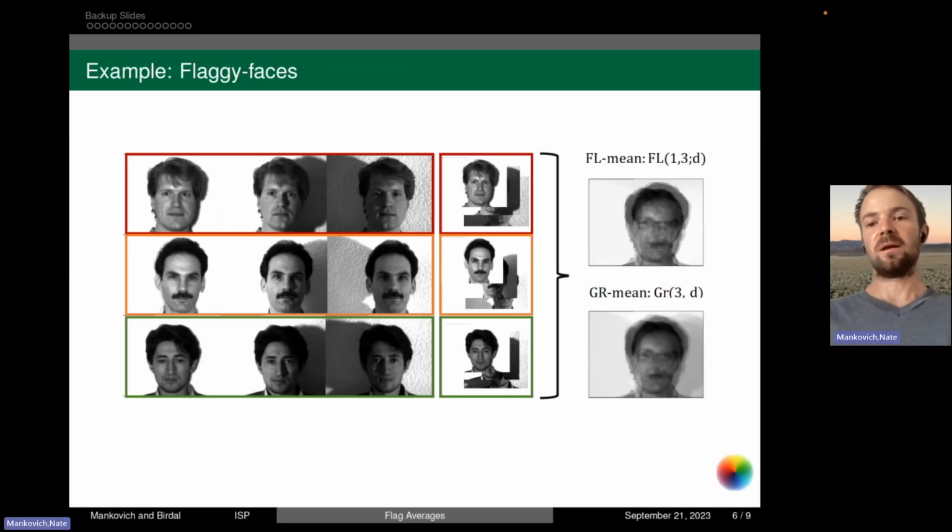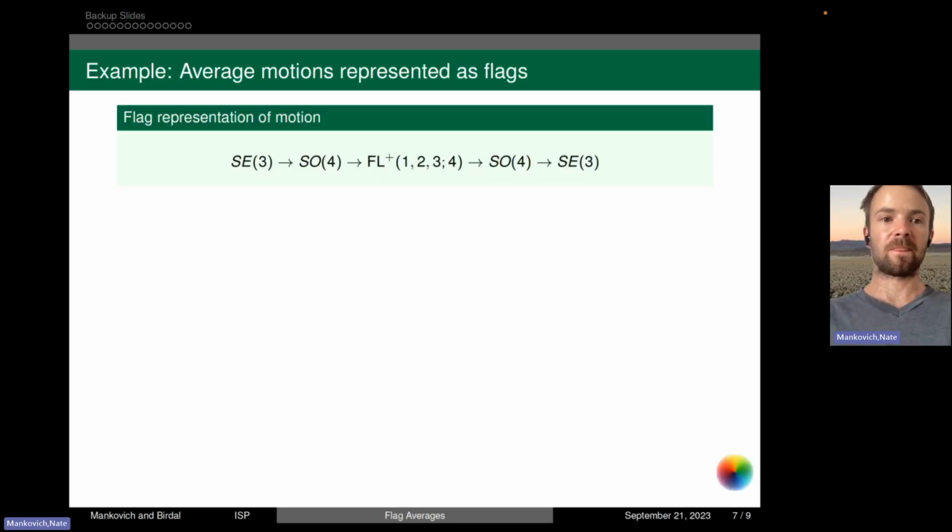And we notice that our flag type (1, 3), so a 1-dimensional subspace in 3-dimensional subspace in D-dimensional space, maintains the center illumination. So we're able to prioritize the center illumination in a way that can't be prioritized by subspace averaging.